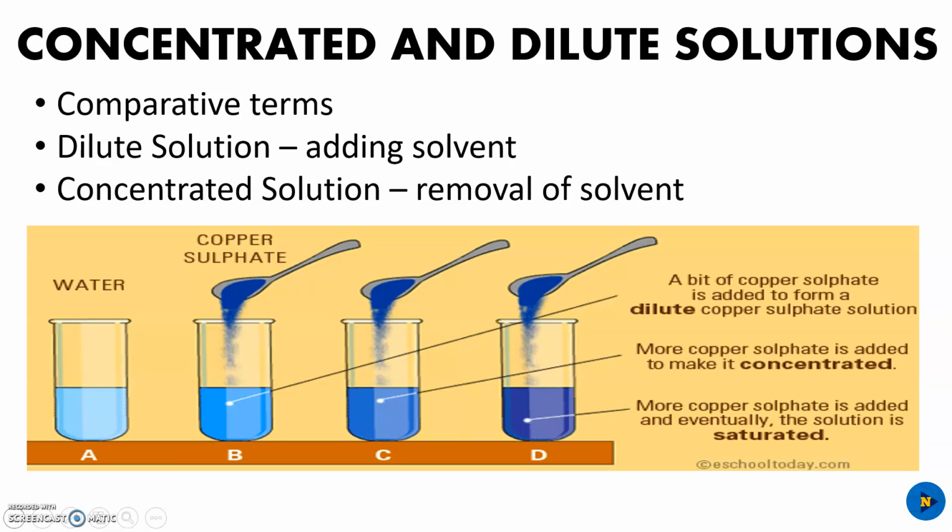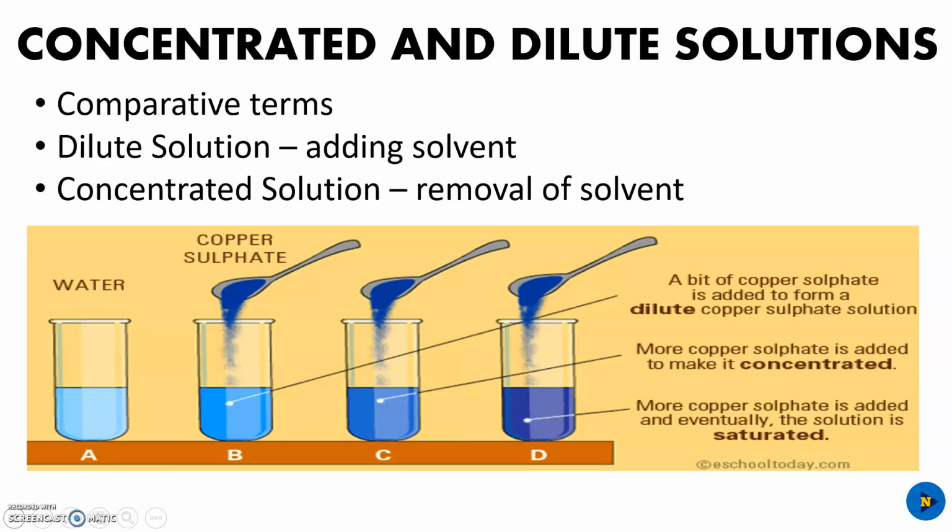Ideally, in a dilute solution, we're adding solvent, which is reducing the amount of solute. And in a concentrated solution, we're removing solvent, and ideally we're increasing the amount of solute. So we can see this diagram here. In sample A, we just have a plain flask of water. In sample B, we're adding a small amount of copper sulfate, which is darkening the color and making it a little dilute.